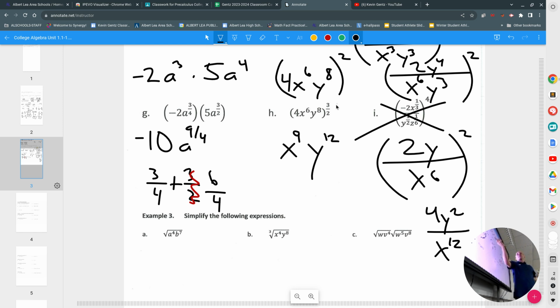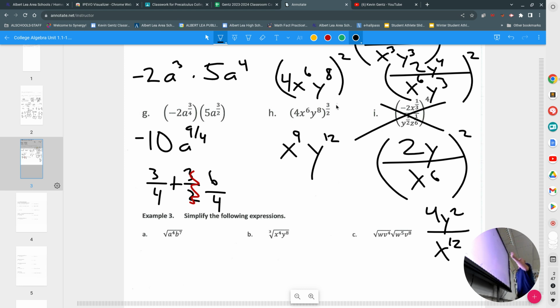We don't take 4 times 3/2, we actually take 4 to the 3/2 power, don't we? 4 to the 3/2. And that's a learning piece that you maybe have forgotten from last year. The fact is, if you have 4 to the 3/2 power, that is the same thing as 4 cubed, square root.